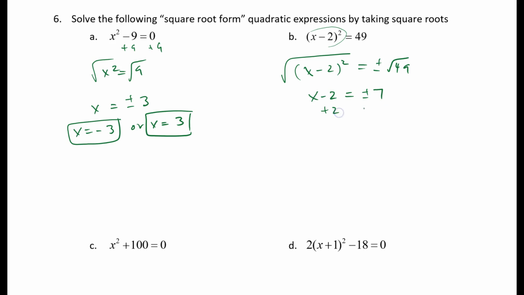So I'm going to add 2 to both sides here. So x equals 2 plus or minus 7. So that will give me x equals 2 plus 7, which equals 9, or x equals 2 minus 7, which is negative 5. So those are the two solutions: 9, negative 5.